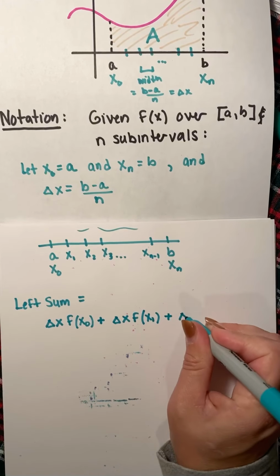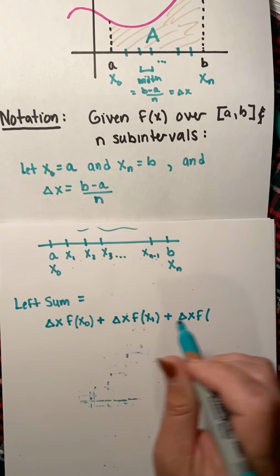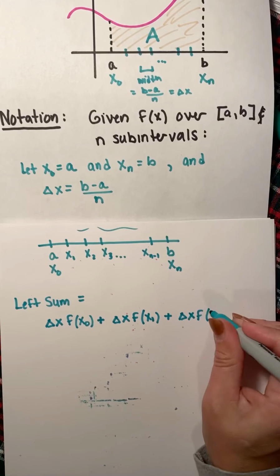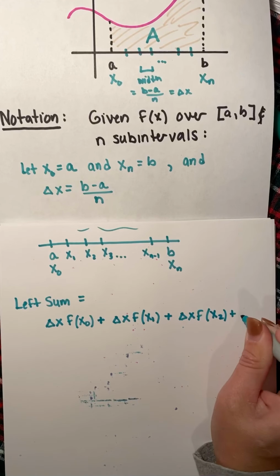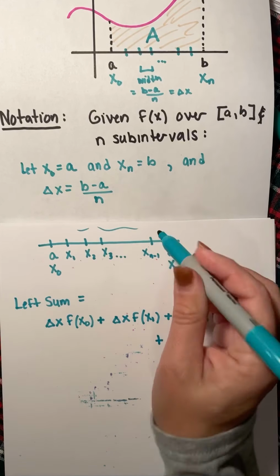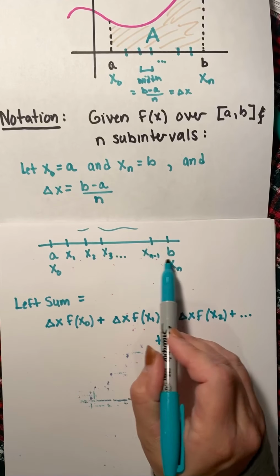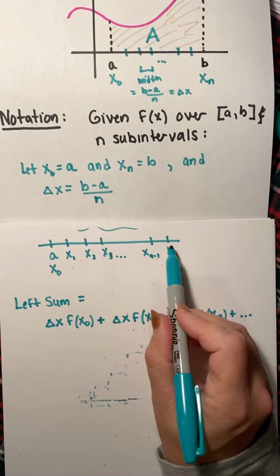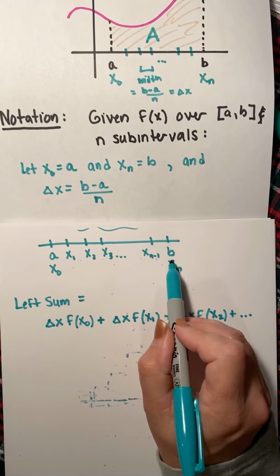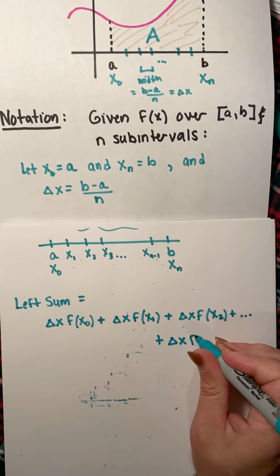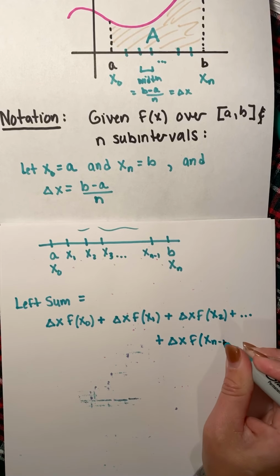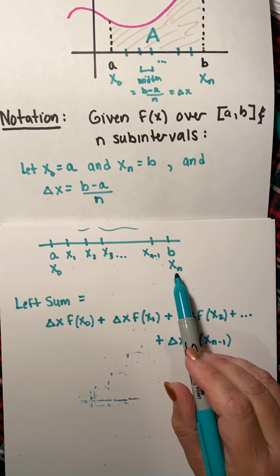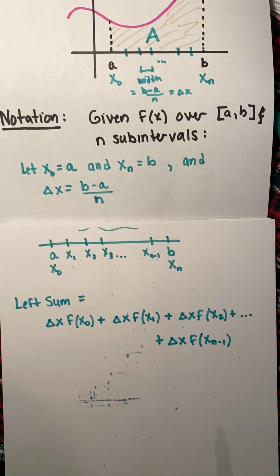And then it's going to be the width of the third one times the height determined at the left endpoint. We're going to continue this process till we get to the very last subinterval. The width is still delta x, and the height is determined by the left point of the last interval, which would be the function defined at x sub n minus 1. So we never use b when we're determining the left sum.